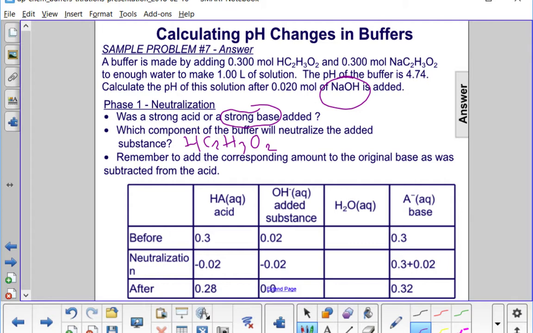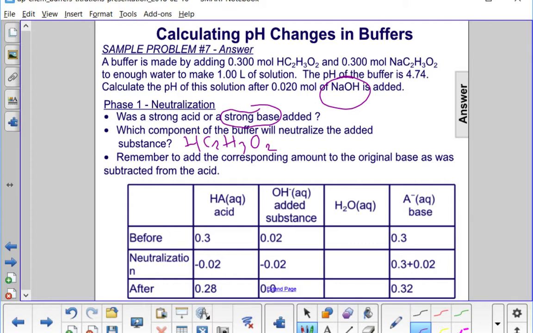Okay, so I made a chart here to summarize what's going on before the neutralization, during the neutralization, and after the neutralization. These are amounts in moles.